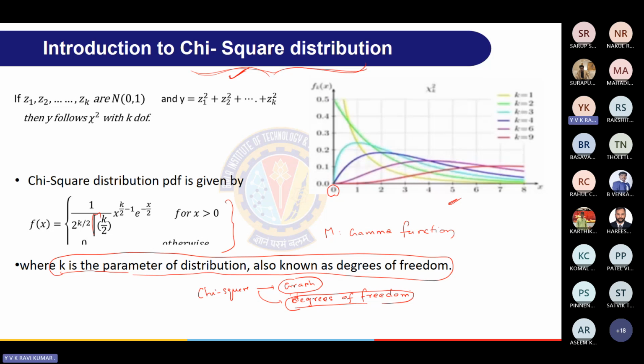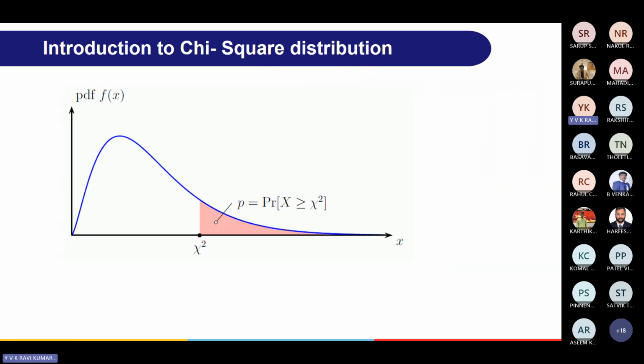Just like the normal distribution, we will use tables related to the chi-square distribution. That comes later, maybe module 9 or 10. This is from 0 to X, and this is the table value we get. We are just trying to understand that there is another distribution for a continuous variable, the chi-square distribution.